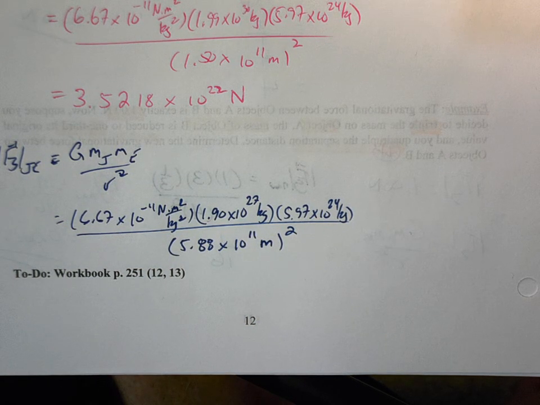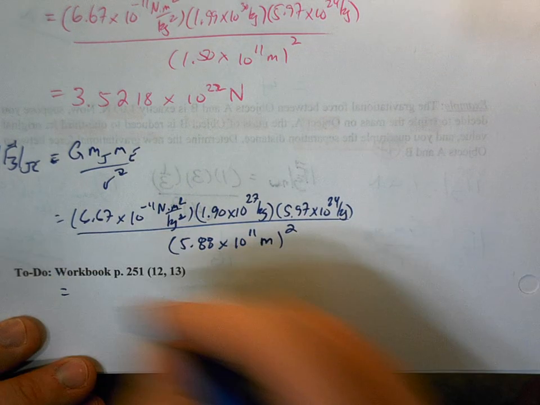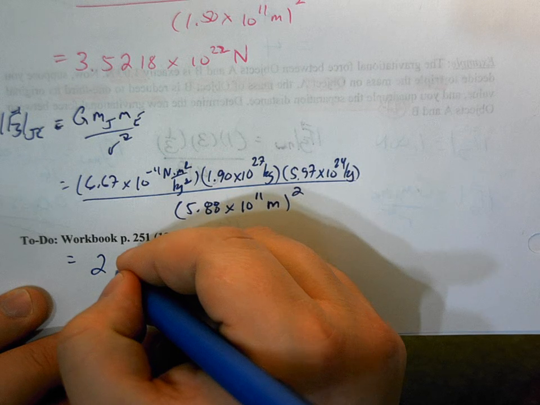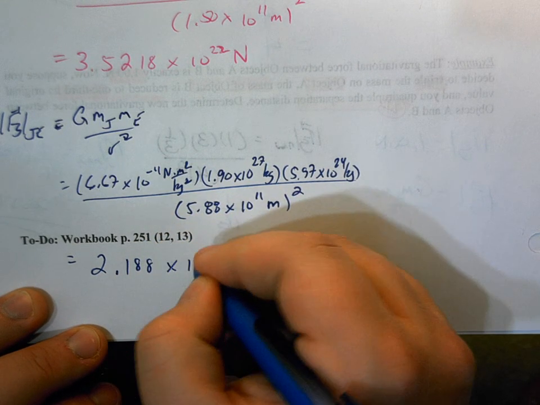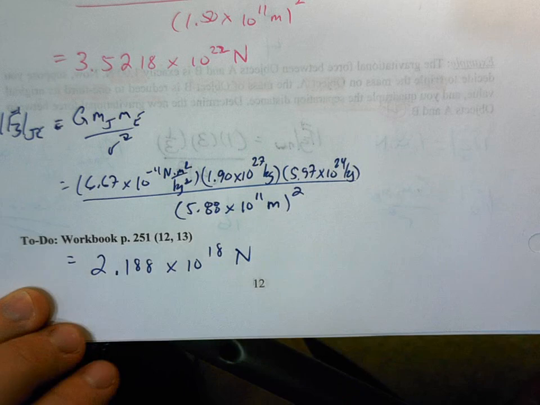So let's see what we have going on here. And then we want to put in this. So what I'm going to get here is about 2.188 times 10 to the 18 newtons.